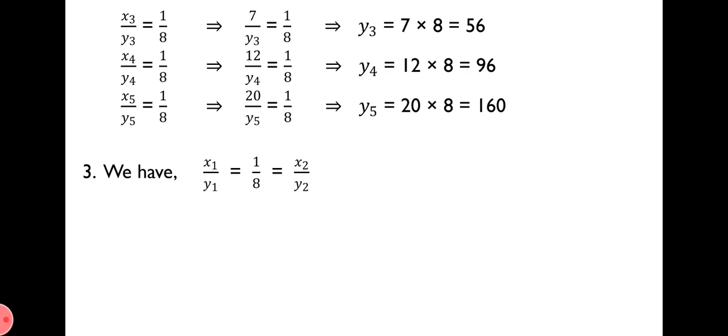So we have to find out, if the base is 1800 milliliters, how much red pigment we will have. So we have x1 upon y1 equals 1 upon 8, which ratio is already given in the previous question, and that will be equal to the corresponding ratio, x2 upon y2. Here x1 is 1, and y1 is 75, because it is given that for 75 milliliters of base, one part of red pigment is prepared.